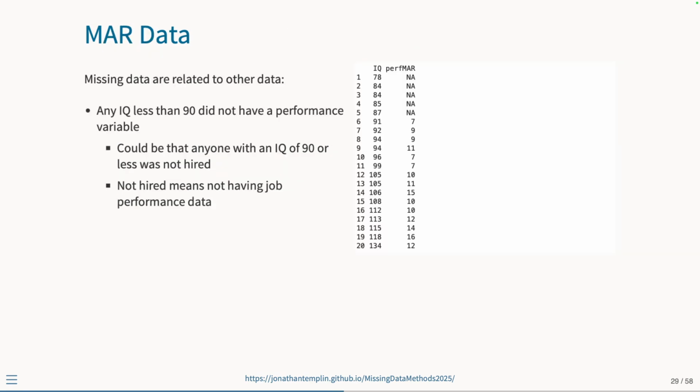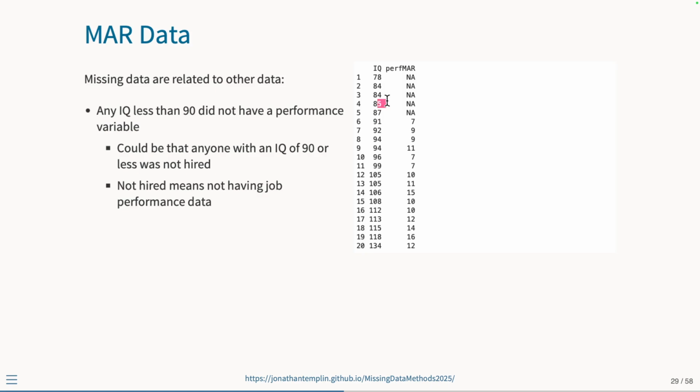So here's an example. Let's imagine that this company did use IQ as a screening variable. So nobody who was hired with an IQ less than 90 got a job, and therefore their data were missing. That's an example of missing at random because the criteria for admitting a person is in our data.